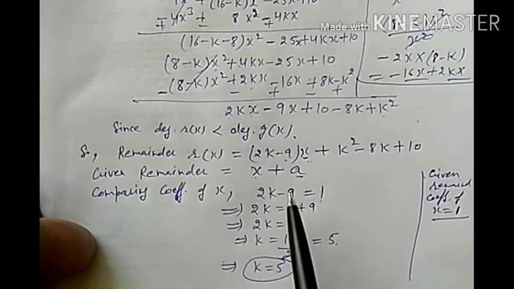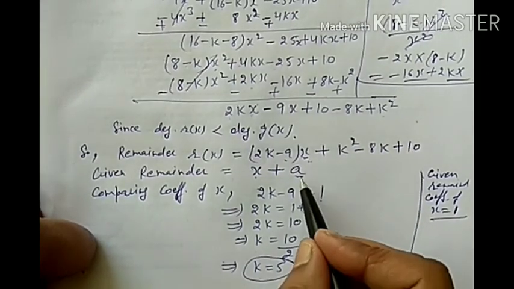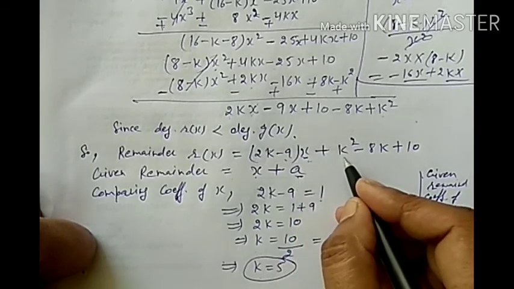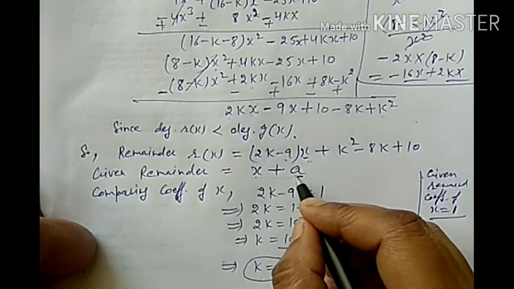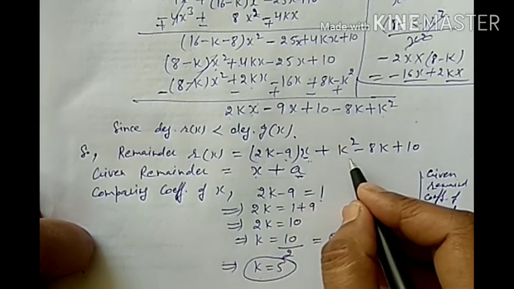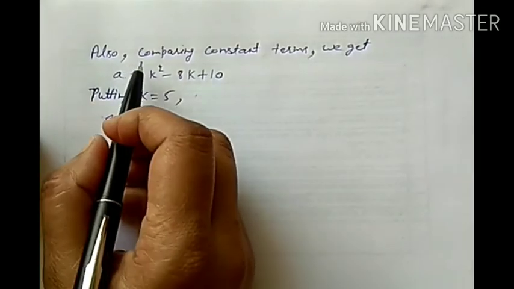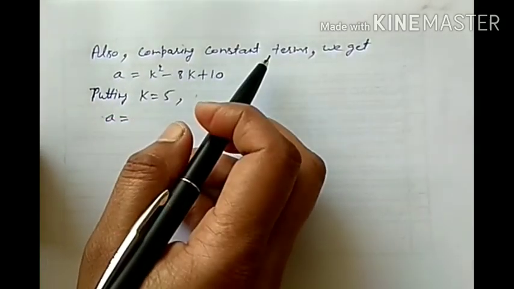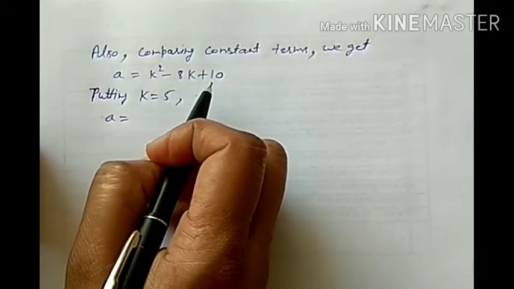Also, when we compare the constant term in both remainders, then we get a is equal to k square minus 8k plus 10.